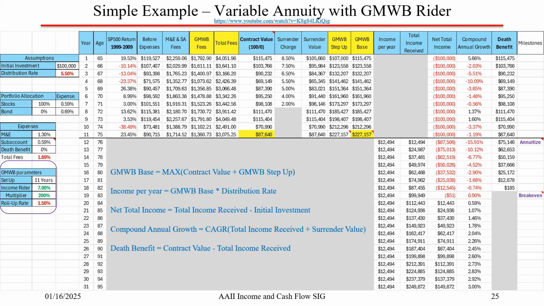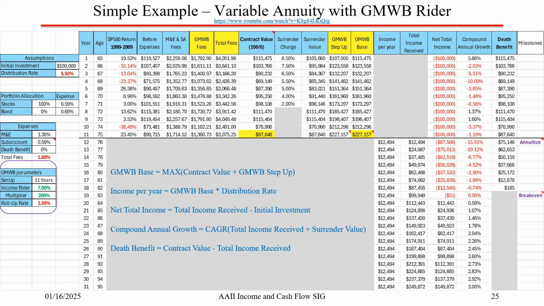And you can see that the moral of the story is if you look at the contract value, after 11 years, you have less money than you put in because this 10-year period is terrible in stocks or in the S&P 500.